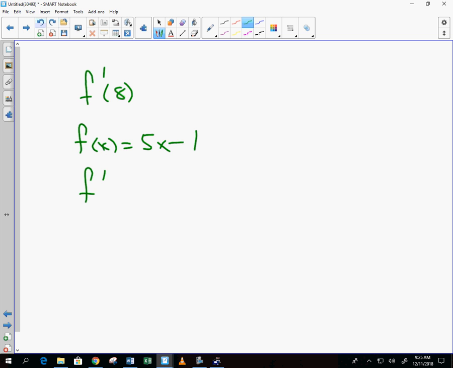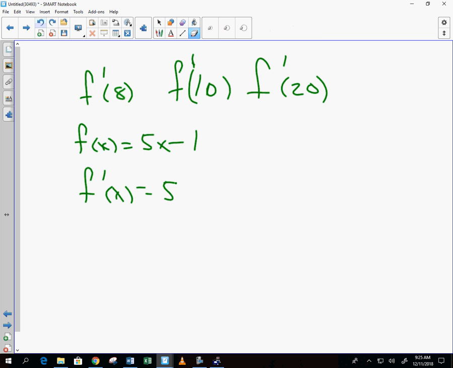What's the derivative? 5. So does it matter whether you're finding f prime of 8 or f prime of 10 or f prime of 20, the derivative is always 5, isn't it? So we didn't have to worry about that value at all. But you will, because we're not always going to do lines, and I'm going to show you that right now.